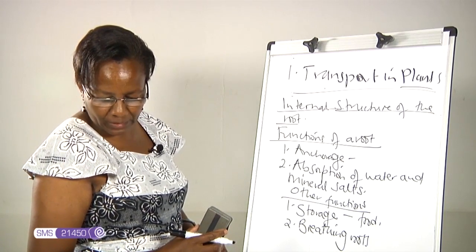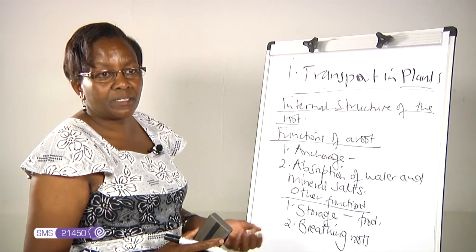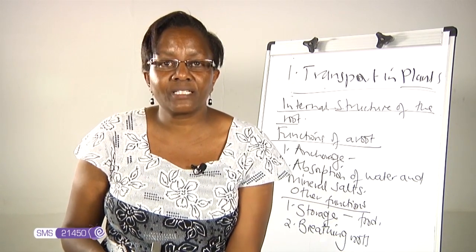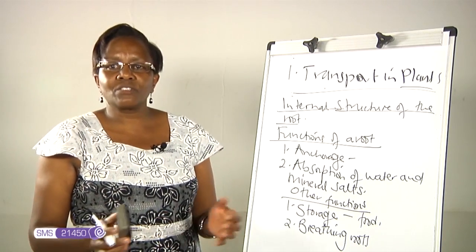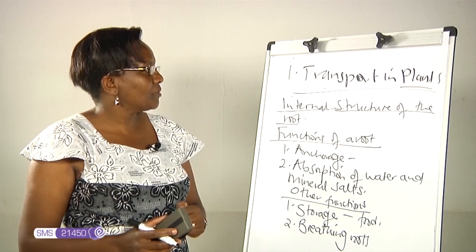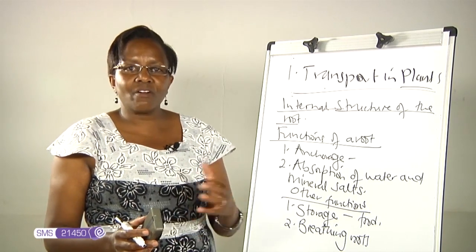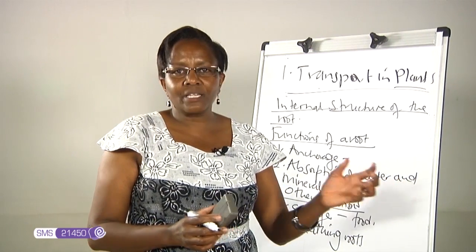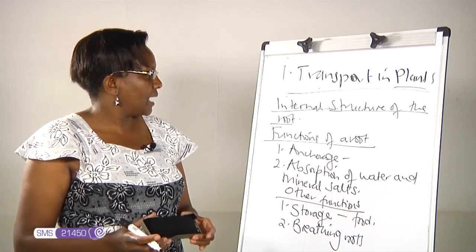So I want to go through the summary of what we have learned today. We have started by the introduction, where we have said that transport is movement of materials from one place to the other. And in this case, because we are dealing with plants and animals, it means that the nutrients, the oxygen, has to be transported from one place to the other, that is within the body of the plant or the animal.